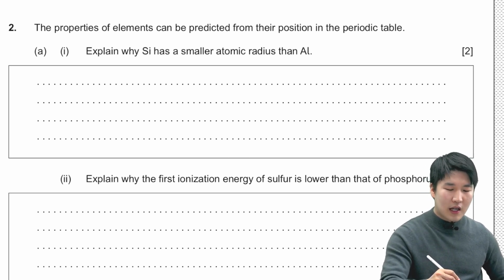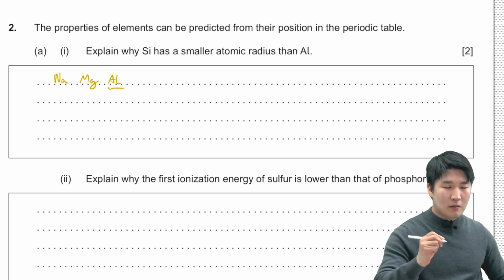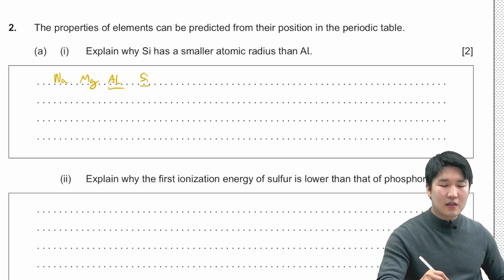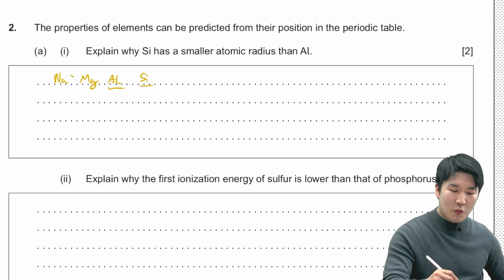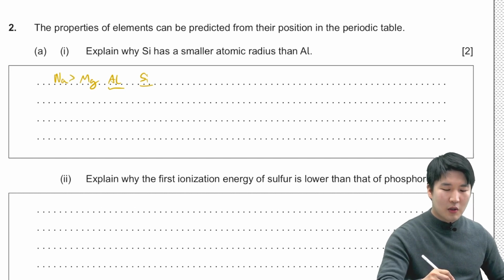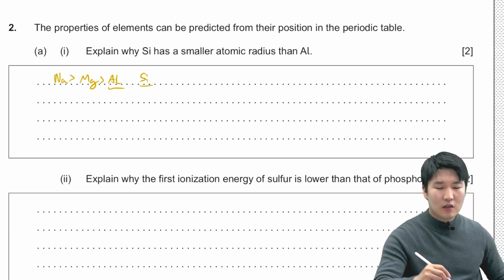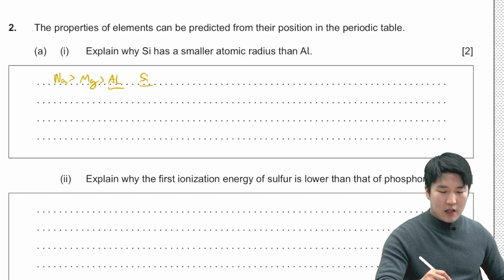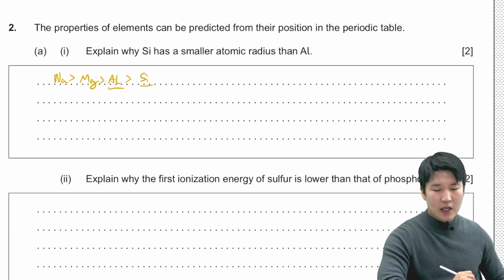The third period has sodium, magnesium, aluminium, the metal we're looking at, and then the silicon. Sodium will have higher atomic radius than magnesium, in turn higher than aluminium and higher than silicon.